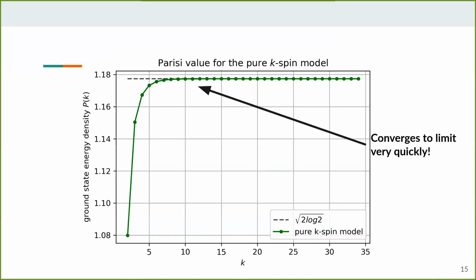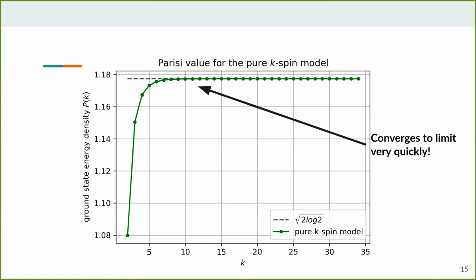For k equals 2 and k equals 3 had been calculated before, and k equals 2 is proportional to the p star that I mentioned earlier. But you notice the Parisi constants saturate very quickly. What this means is that these are the actual values from the statistical physics concepts that we can translate into the optimal satisfying fraction of a kXOR problem.